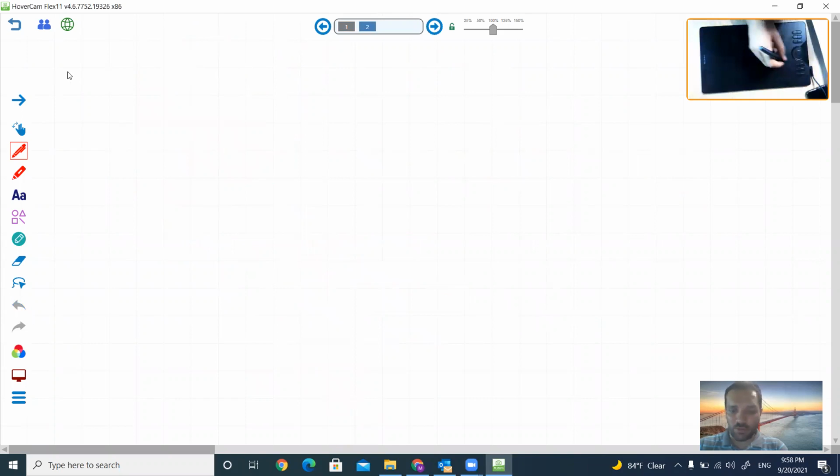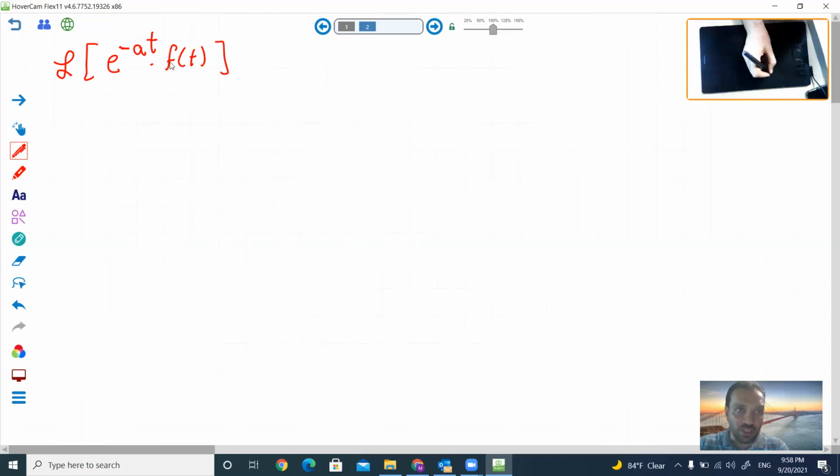Our current example: we are asked to get the Laplace transform of e to the power negative at, where a is any positive number, times f of t. So now we have an f of t, but this f of t is multiplied by e to the power negative at.